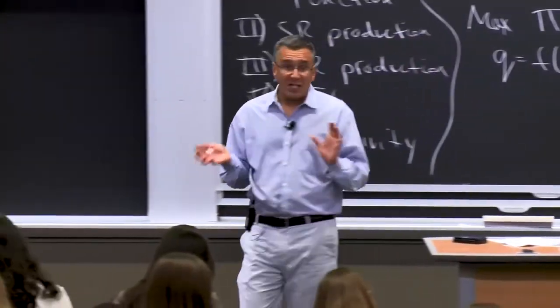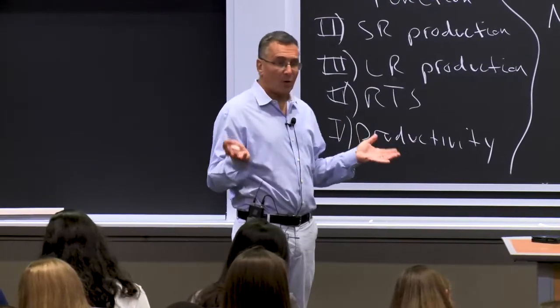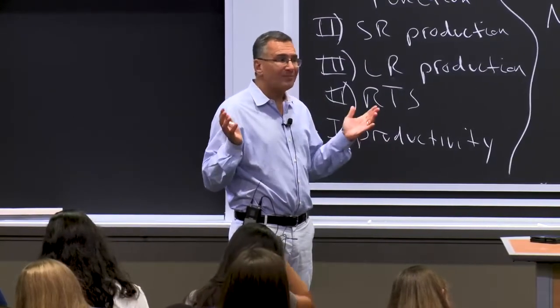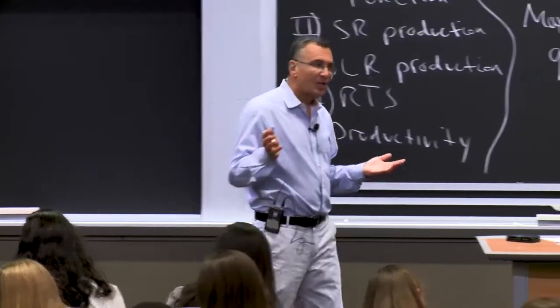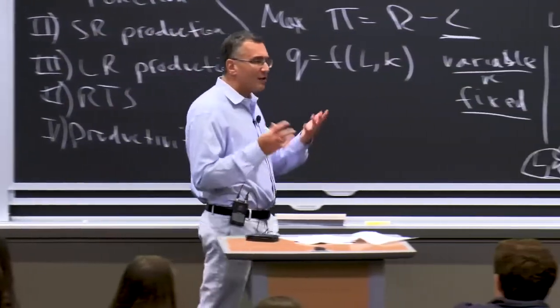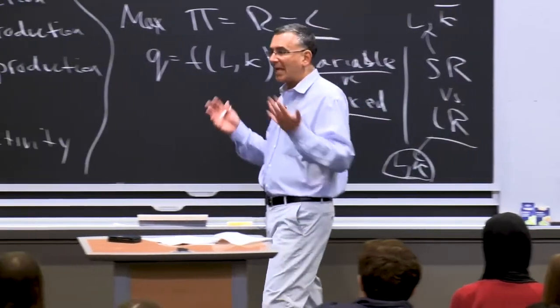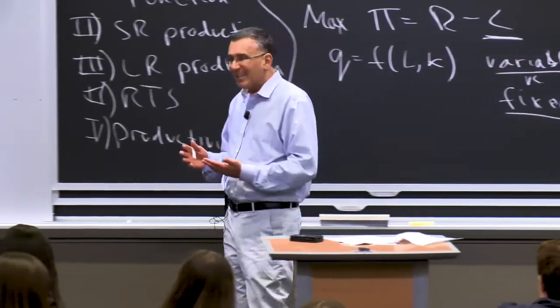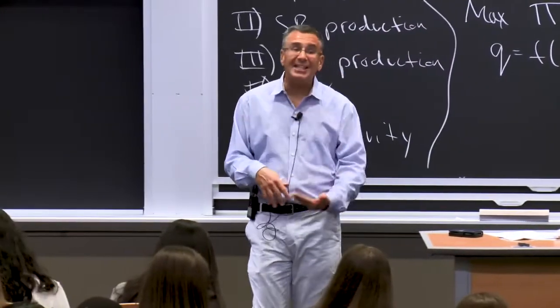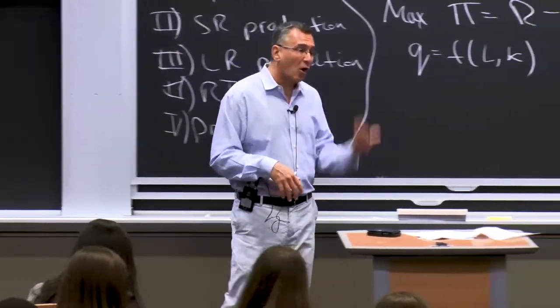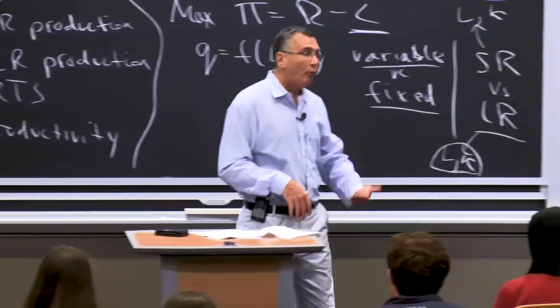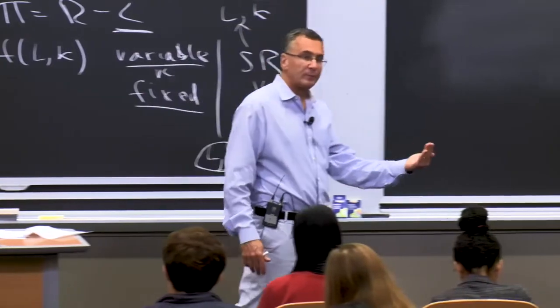So the question then is, what is the short and the long run? Well, there's no good answer to that. Intuitively think of the short run as a matter of days or weeks or months, and the long run as a matter of years or decades, for your own intuition. But technically, the definition is the long run is the period of time over which all inputs are variable.